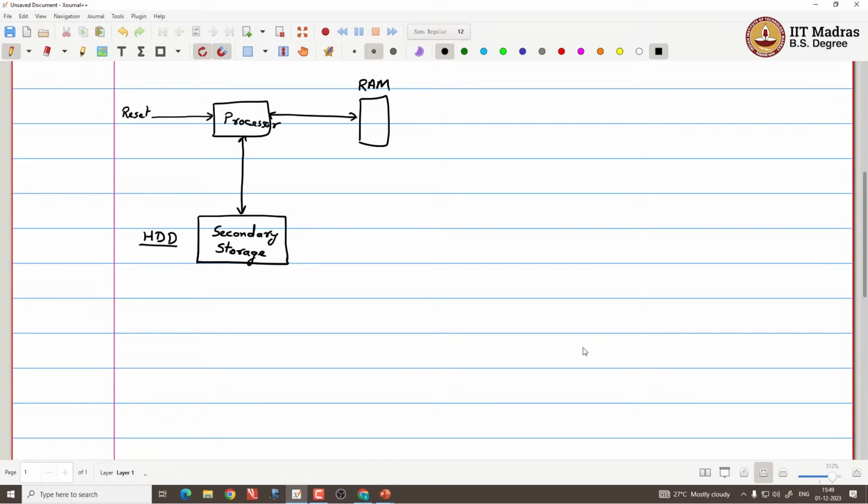So the image of your operating system, which boots up your system and starts executing processes and so on, is going to be part of the secondary storage, right? So this over here would be your image of the OS.